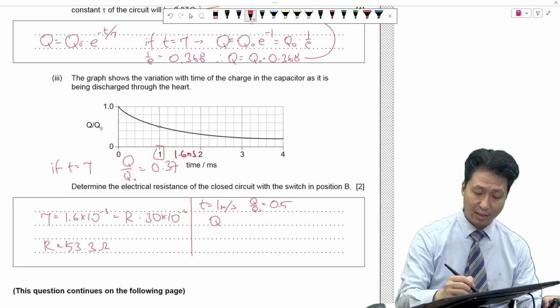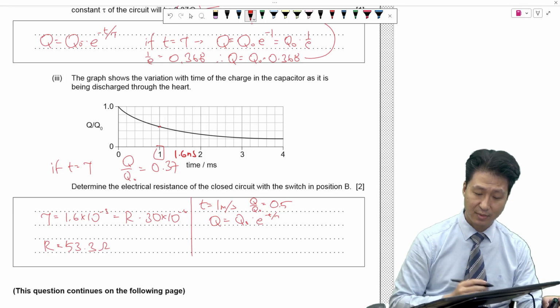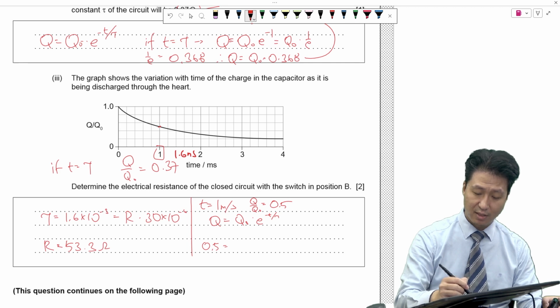So the charge is the initial charge times e to the power of negative time over the time constant. We have 0.5 is equal to e to the power of negative t over the time constant. We take the natural log of both sides.